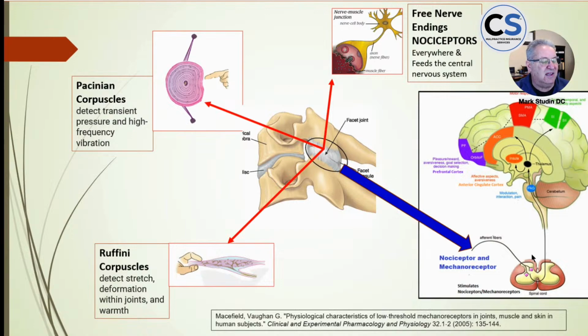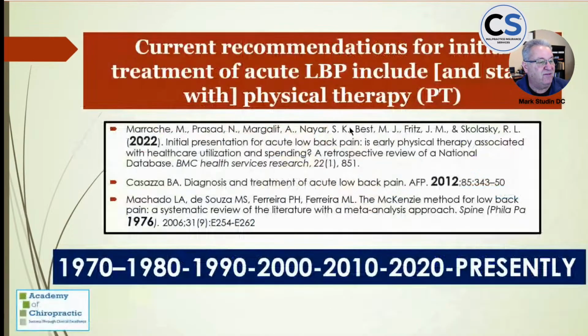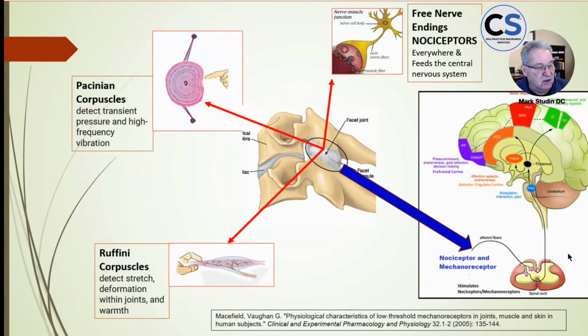It all feeds into the lateral horn. But it doesn't go directly up the spinothalamic tract. These are your mechanoreceptors, mechanical from the outside in. We don't have time to explain all this. This is explained in Primary Spine Care 15 and 16 on teachdoctors.com.